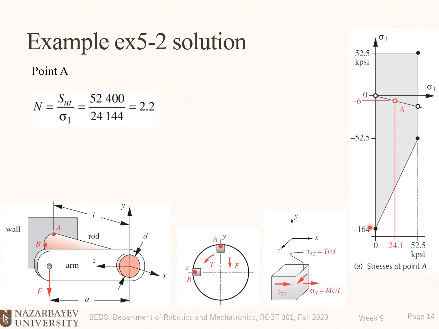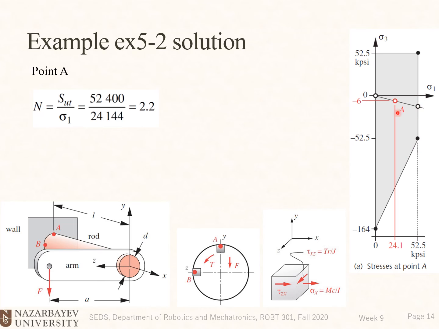So this corner, if I connect it, will be SUT, SUC. This point is SUT minus SUC. Now you could easily plot this profile and find the load line. Once you do so, you see what the intersection is. The intersection happens to be with the vertical line, not the failure line, this one.